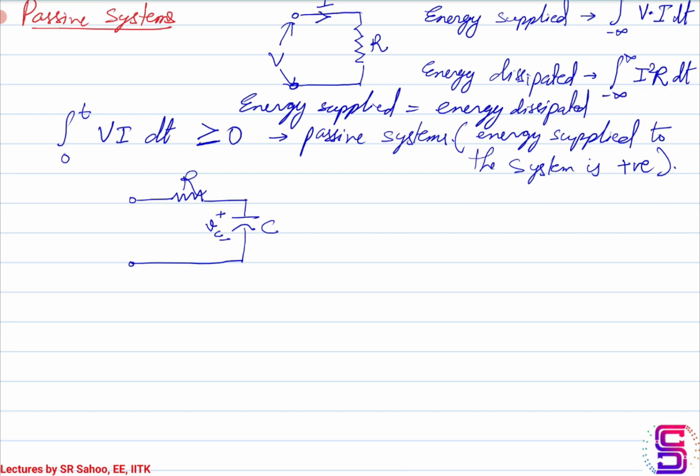The voltage that would be applied across the terminals is V, which will result in a current flow I. Okay, so at t equal to 0, the charge stored in the capacitor is some Vc, a non-zero value.